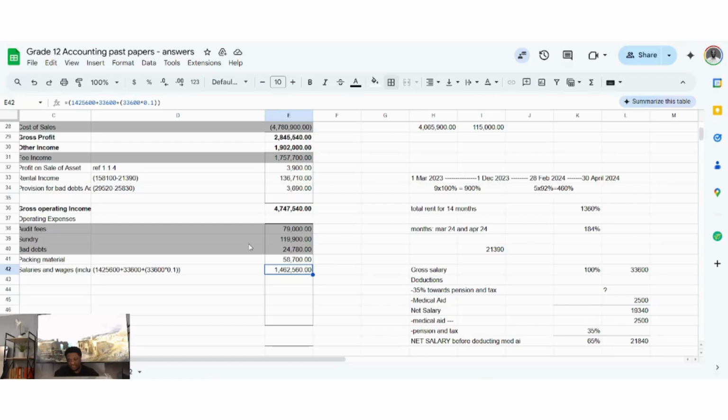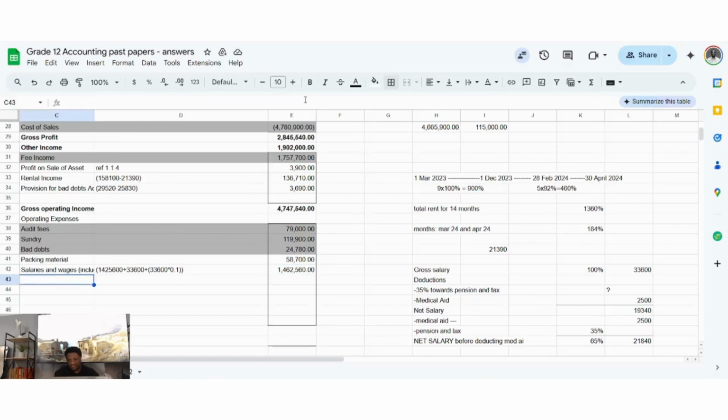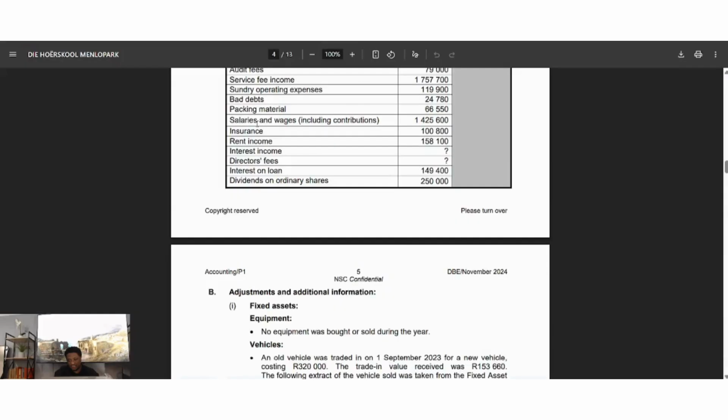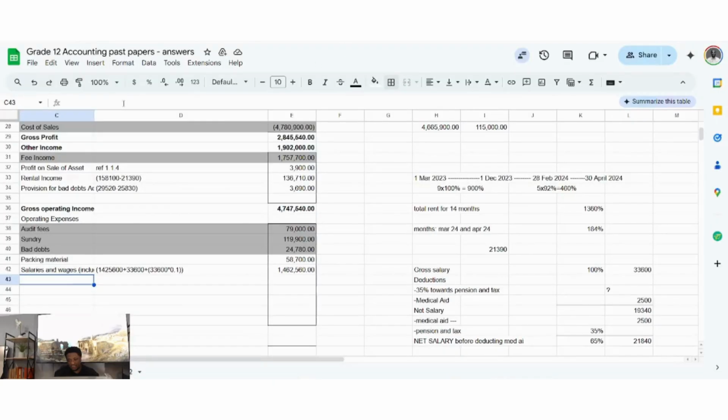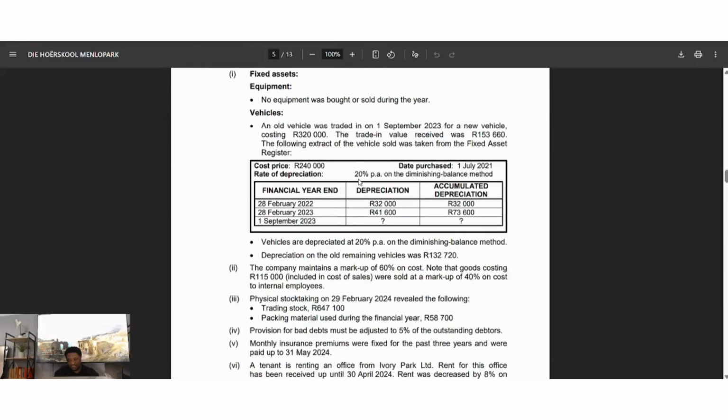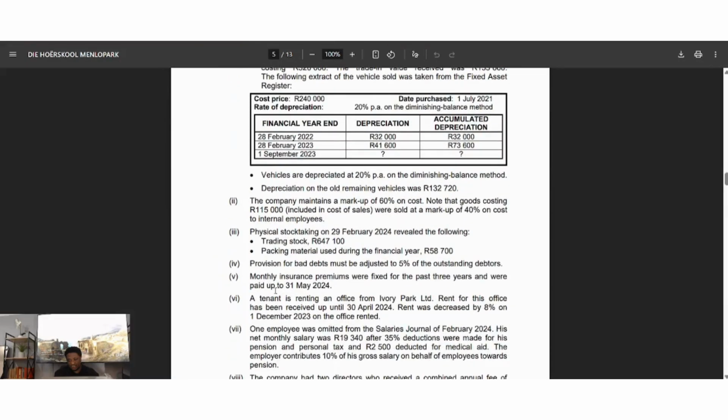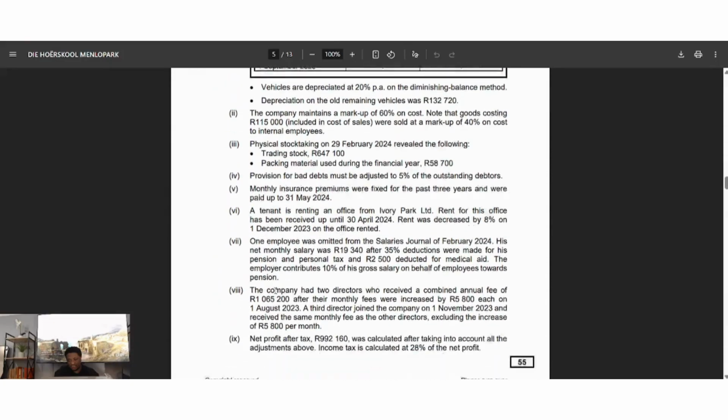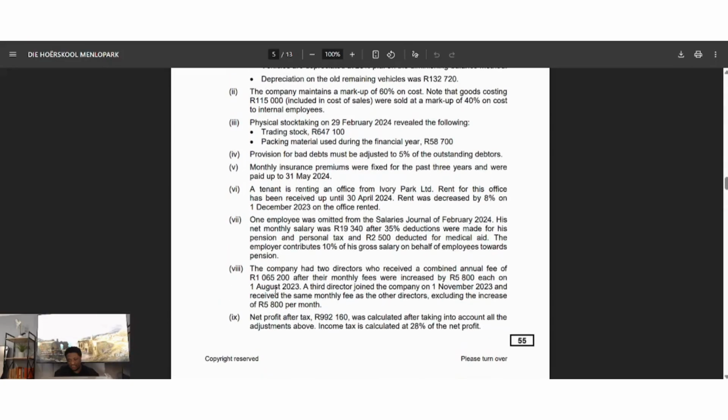So let's move now to more other expenses. The next expense in the list is insurance, and we're given 100,800. Now with insurance, typically the case is that you have prepaid for the insurance, and let's look if maybe that is the case. Okay, there's the directors and stuff like that.